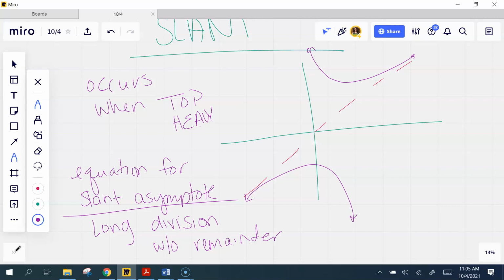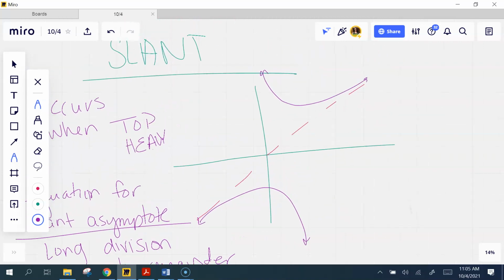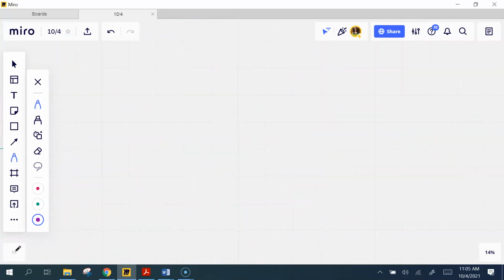I'll do one quick example because it really is quick.